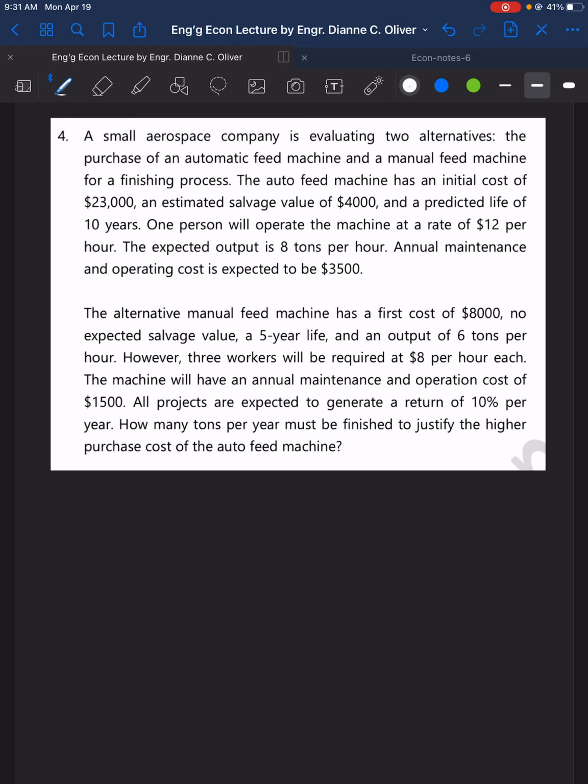So if we get at that certain production, we can now justify buying the automatic one, which we will expect to be more costly. But having that number of productions, it will justify the cost. So that's what it means here.